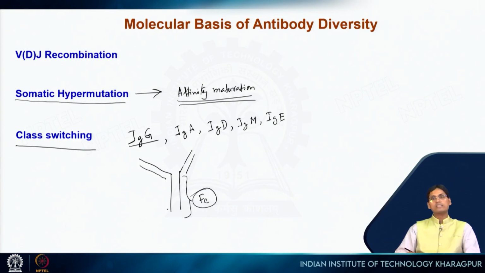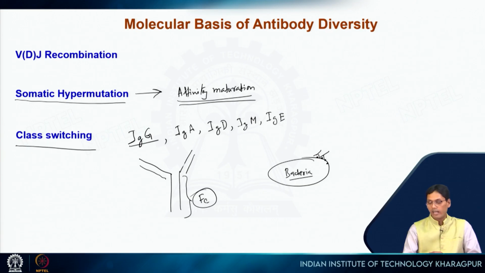Effector function means what happens when this antibody binds to antigen. For example, say that antibody is against some bacterial protein which is present on the surface of bacteria. So this is one bacteria, and this antibody is raised against some protein present on the surface. What do we expect? The antibody, after secretion from the plasma cell, binds to the antigen present on the surface of bacteria.